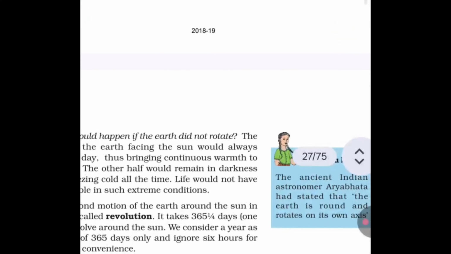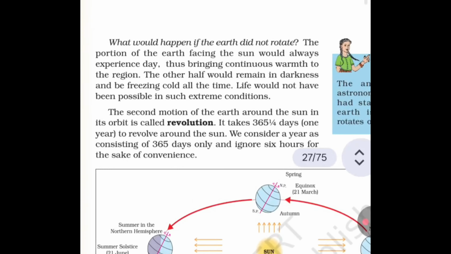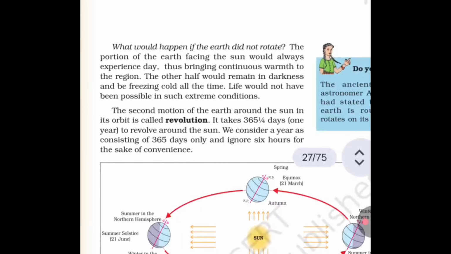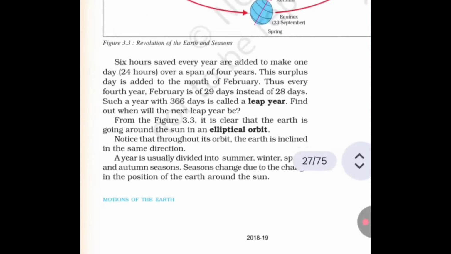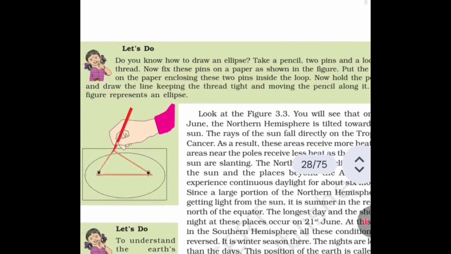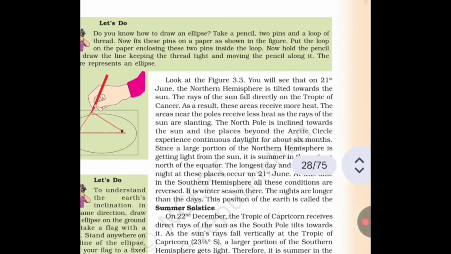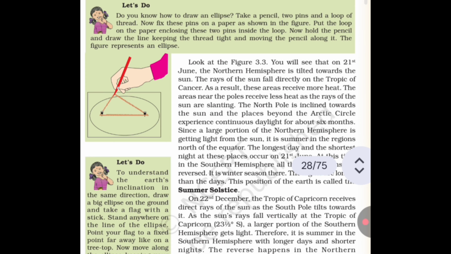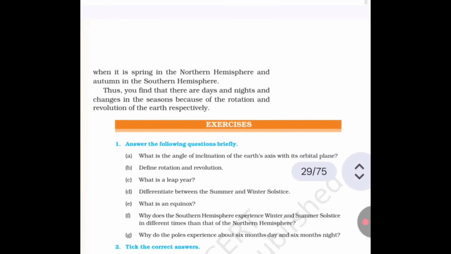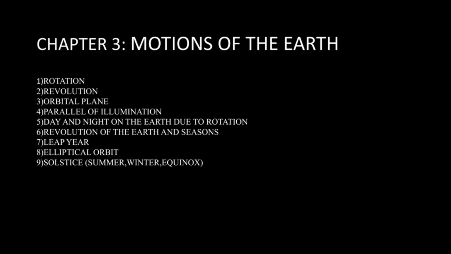Next, revolution. And in the picture, they are showing summer solstice and winter solstice. So these are the major topics that we have to cover from chapter 3, that is motions of the earth. After that, exercises are there.